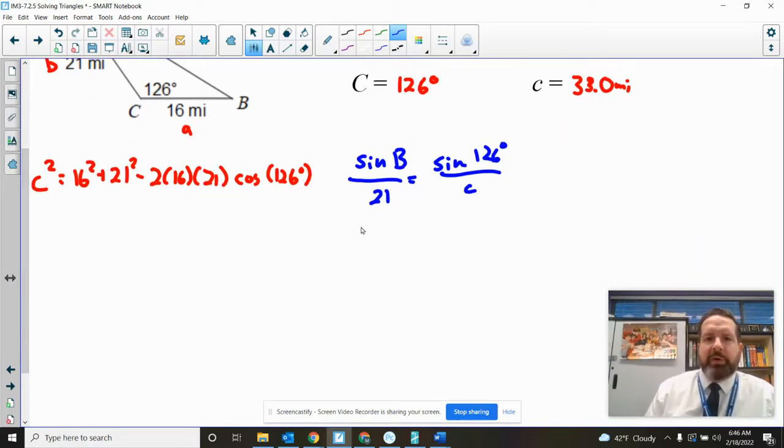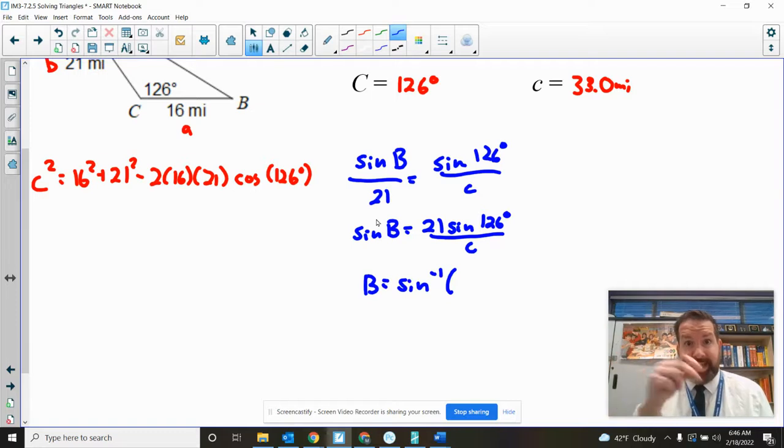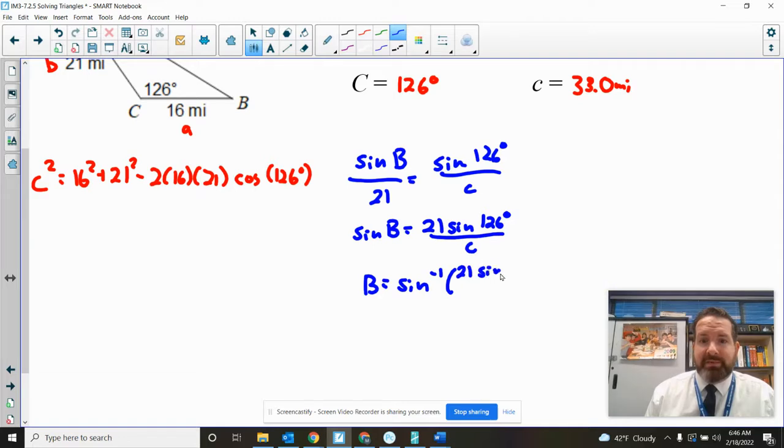So multiply the 21 over. The sine of angle B is 21 times the sine of 126 degrees divided by side length C. And then B is going to be equal to the inverse sine. Anytime you're finding an angle that is inside a sine or inside a cosine, it's this inverse trig function that gets you there. What do you type in this inverse trig function? You type all of this in the inverse trig function.